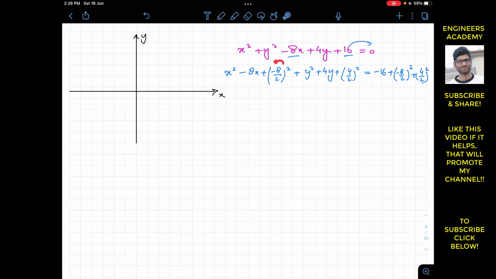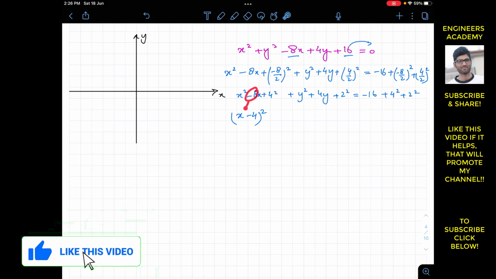So now minus 8 divided by 2 is minus 4, and minus 4 square. So we can write that this is x square minus 8x plus 4 square, this is y square plus 4y plus 2 square, and this is equal to minus 16, plus 4 square, and plus 2 square. So now this is a complete square, so this will give us x minus 4 square, since with the coefficient of x we have minus sign.